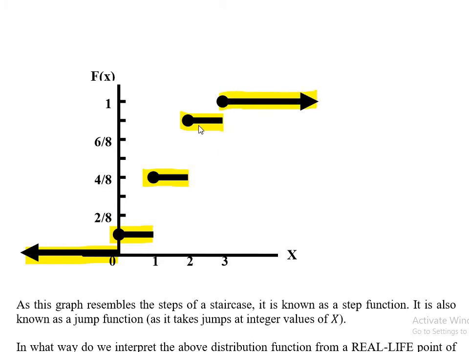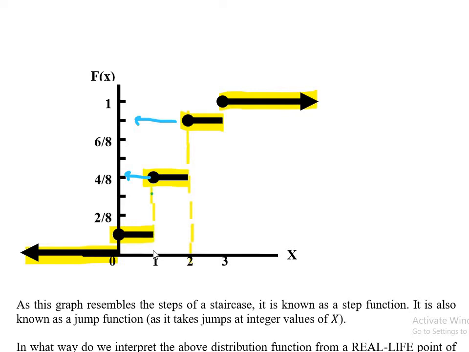So this circle means that at 2, this is not the point. The point is this. At 2, this is the point. Right? So this is what a circle means, that at 2, this is the value which I am getting, not this. So at 1, this is the value I am getting, not this.